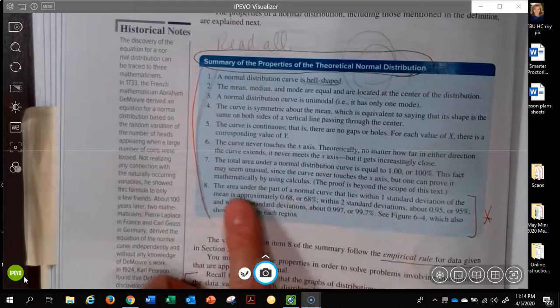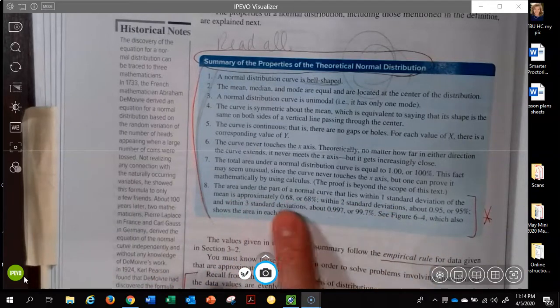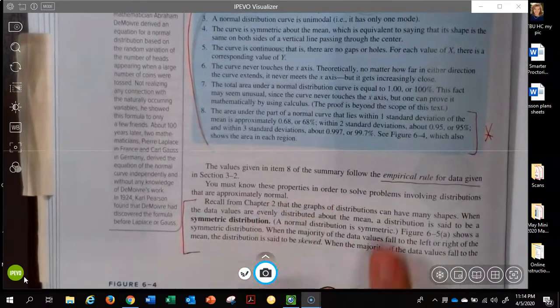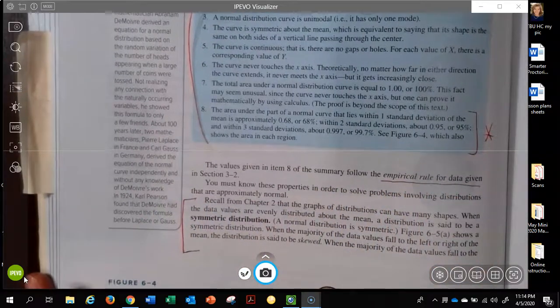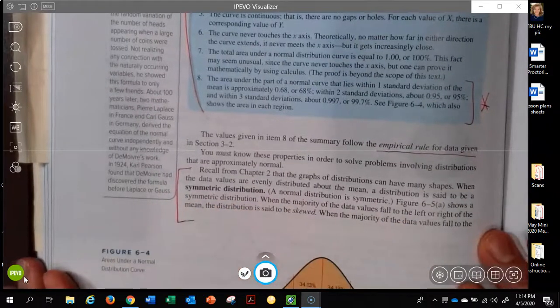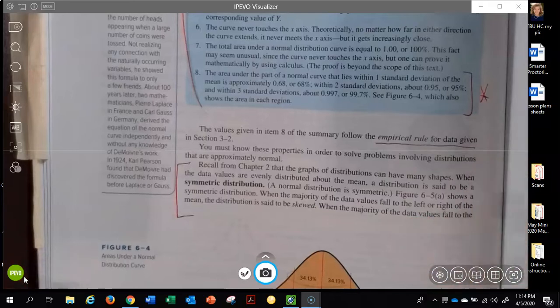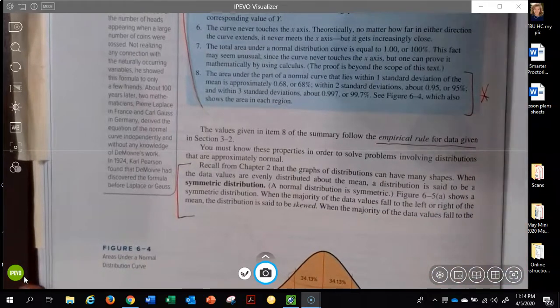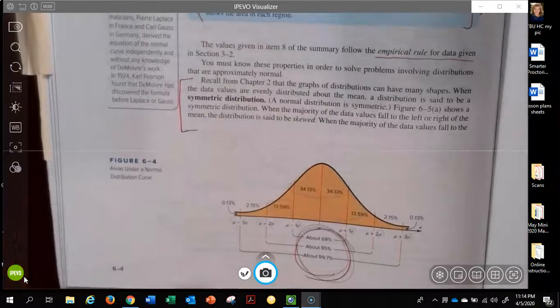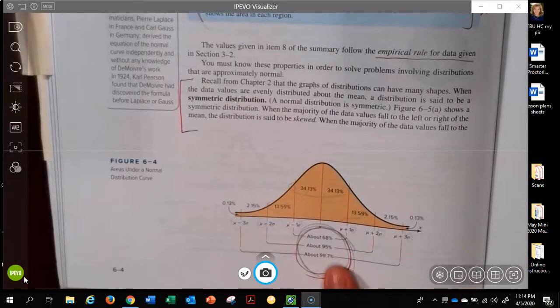Then here come some pretty important numbers. So down at the bottom, well, before I get there, the empirical rule for data, symmetric, a little bit more stuff going on here. Left and right, we'll talk about that at the top of the next page. So what I need you to see are these numbers, and I need you to memorize these 3 in the middle.